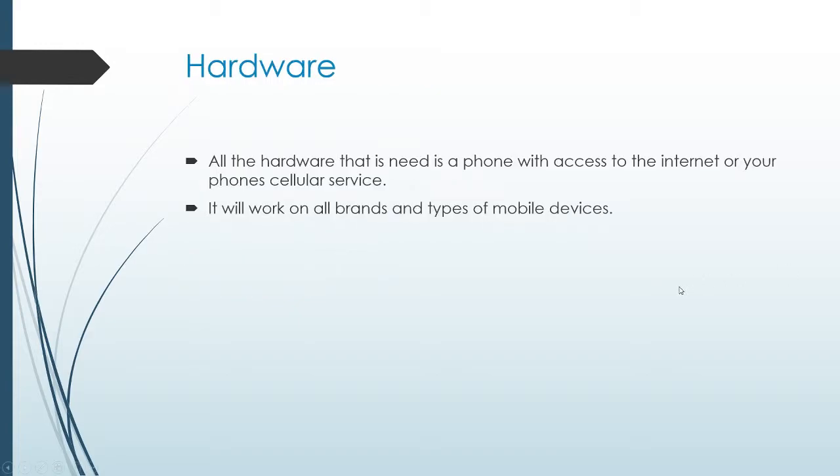Well, what's the hardware? Like, what do you need? Well, all you really need is a phone and access to the internet, or a phone with cellular service if you're not on campus. We will try to get internet all across campus, so no matter where you are, you can always be connected to the internet to be able to use this app, just in case, well, maybe you don't have good service there.